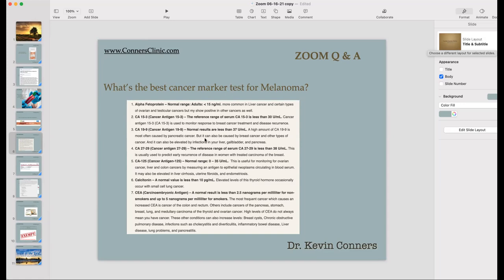So let's say you were just diagnosed with a breast cancer and the oncologist did run these tests and you showed a positive 15-3, elevated above its normal range. And then what's the oncologist going to recommend? Of course, the oncologist is going to recommend surgery, chemotherapy, or radiation, or some combination thereof.